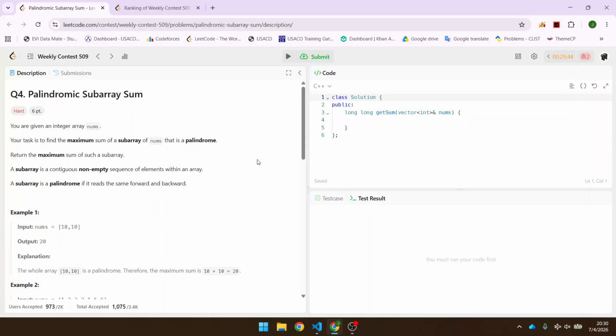For some reason I'm thinking of a segment tree right now, even though it's not the answer. Because we need something with log n, right? We need something with n log n.